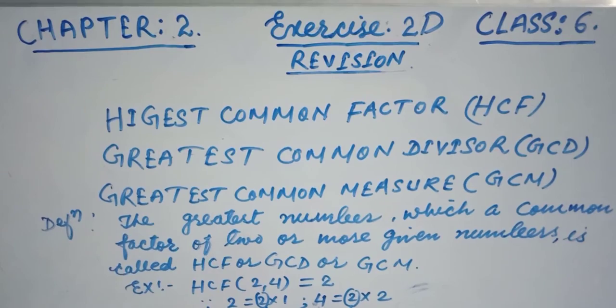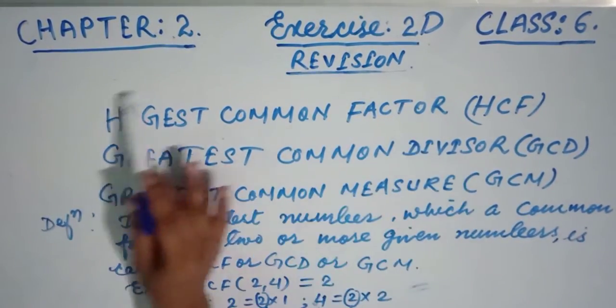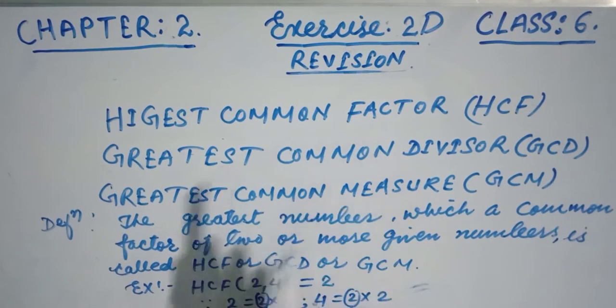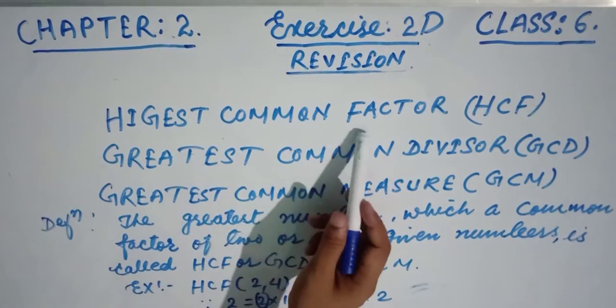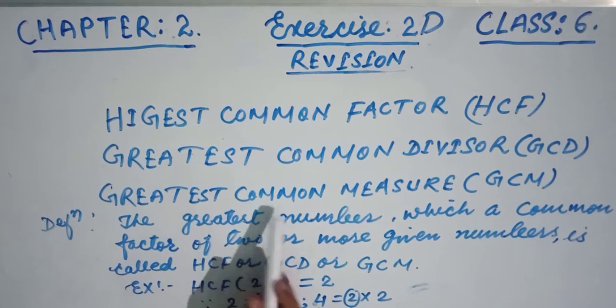So the matter or the theme is hidden in this word, because the factor means there should be some given numbers, then find the factors, then decide the HCF, etc. Now see, highest common factor is known as the greatest common divisor or greatest common measure.